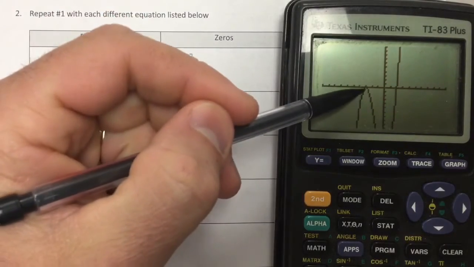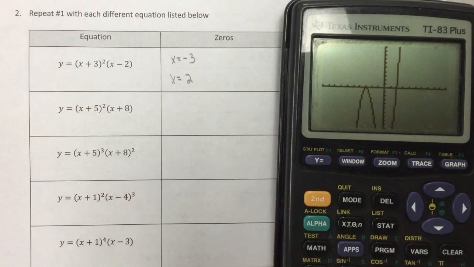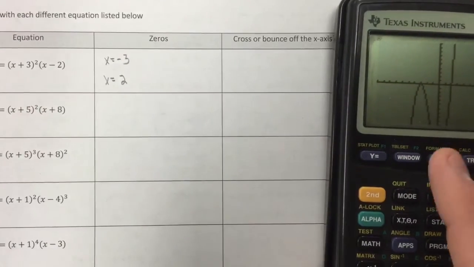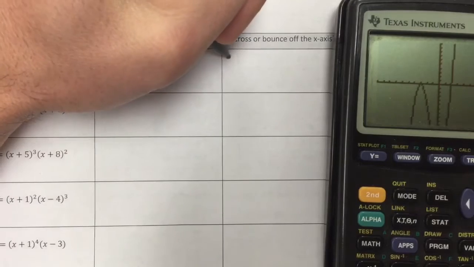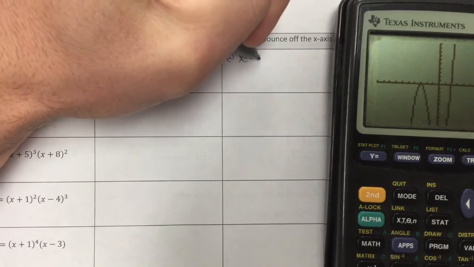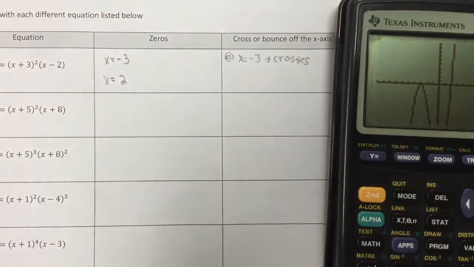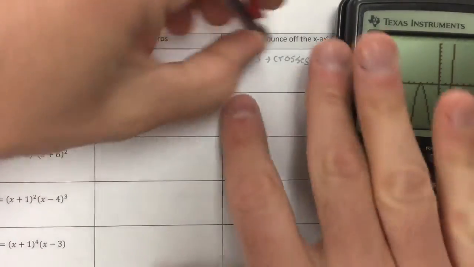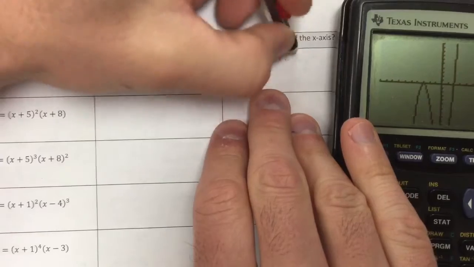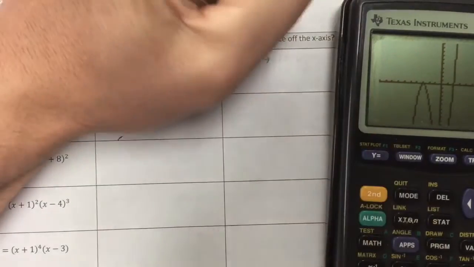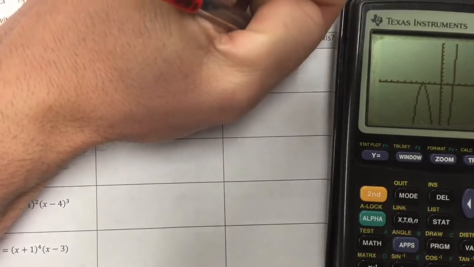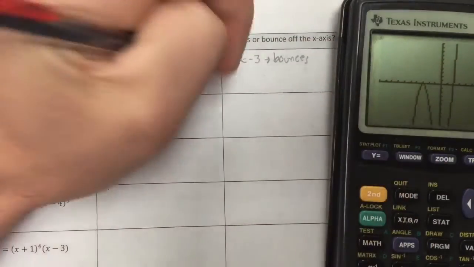And that it is bouncing at x equals -3 and crossing at x equals 2. Oops, sorry, bounces at -3. My bad. It's bouncing here, crossing at 2.